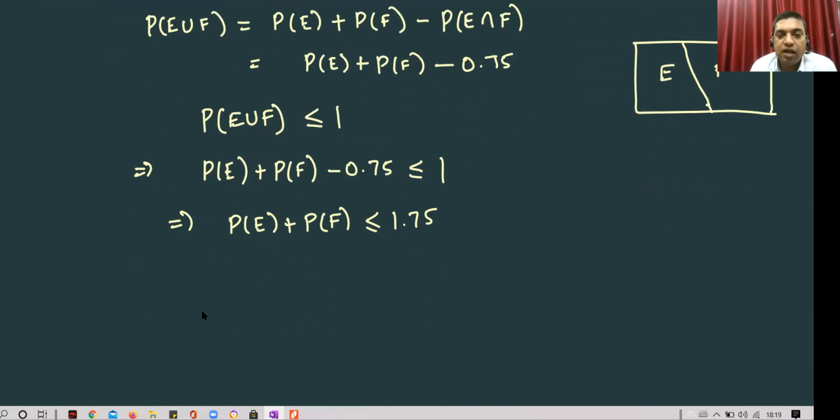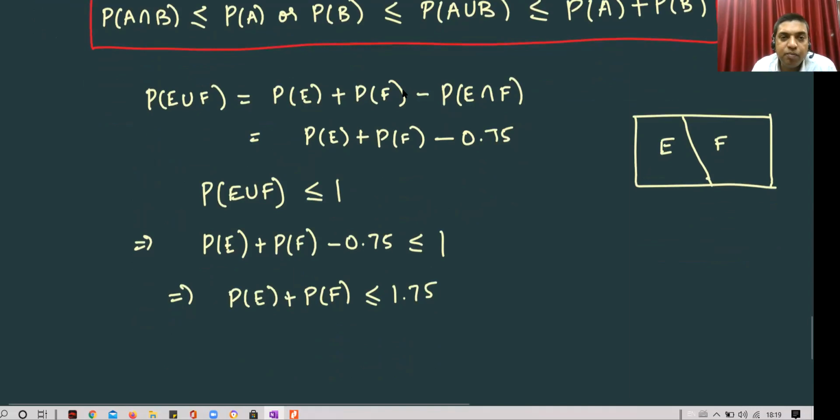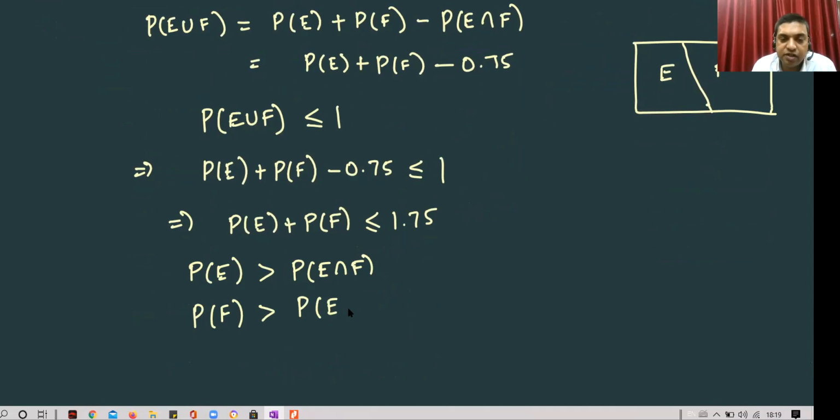Understood? And now, P of E has to be greater than P of E intersection F. So similarly, P of F will also be greater than P of E intersection F, 0.75, 0.75.